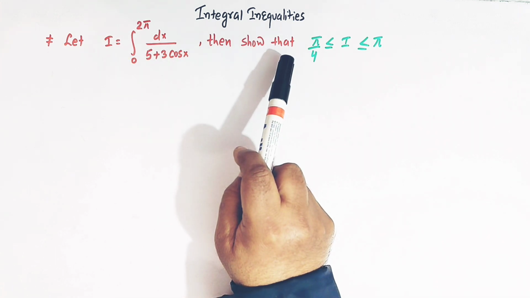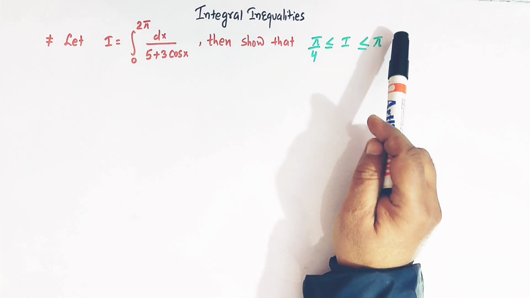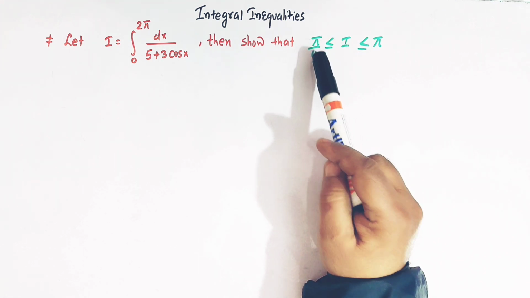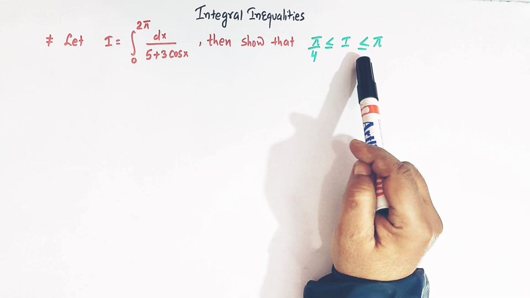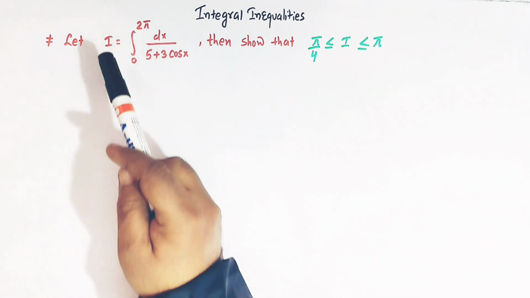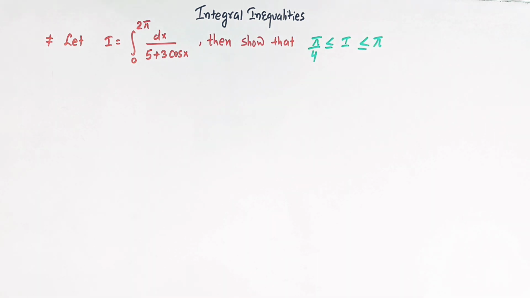Then we have to show that the value of this integral I satisfies this inequality, that is I is greater than or equal to pi by 4 but less than or equal to pi, right? So without evaluating this integral, we have to arrive at this inequality. So let us start.